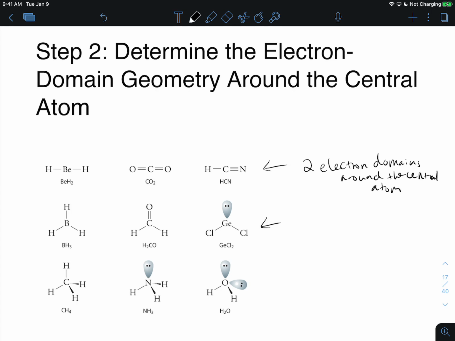In this next row, we have 3 electron domains. I'm just going to do ED. And then last row, we have 4 electron domains. In the case of our 2 electron domains, we're going to have a linear electron domain geometry.